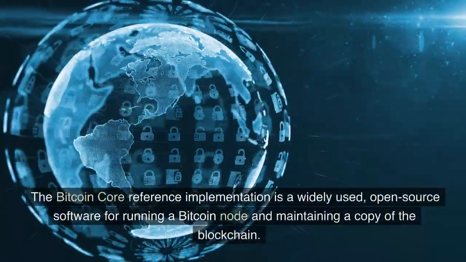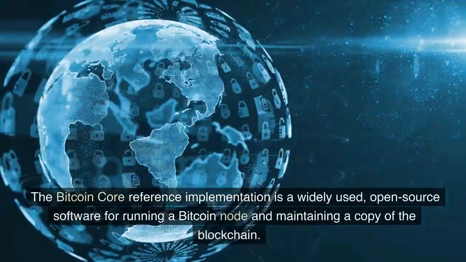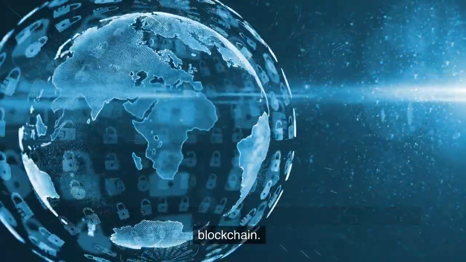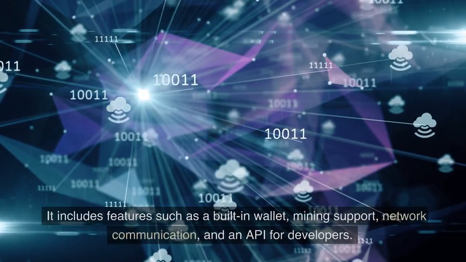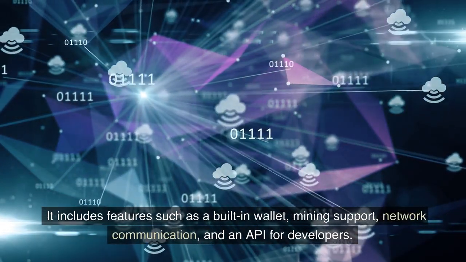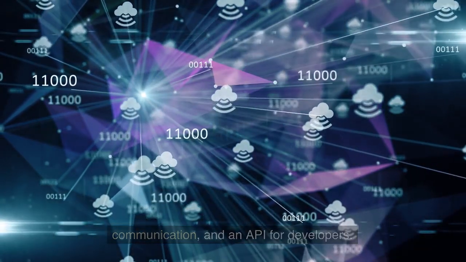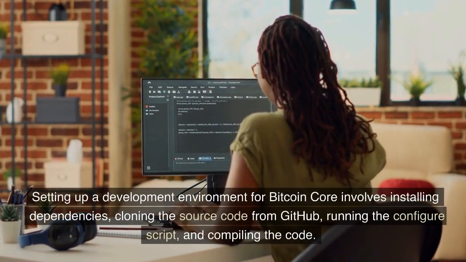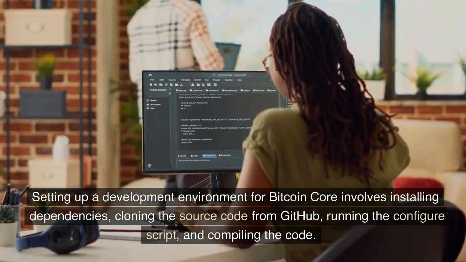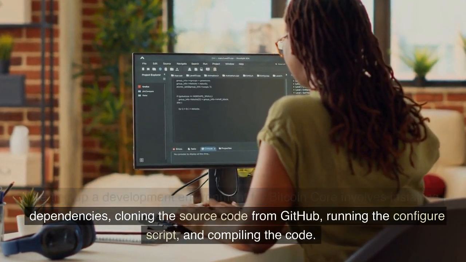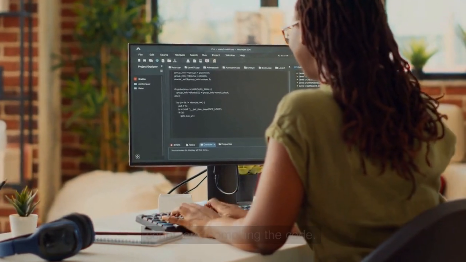The Bitcoin Core reference implementation is a widely used, open source software for running a Bitcoin node and maintaining a copy of the blockchain. It includes features such as a built-in wallet, mining support, network communication, and an API for developers. Setting up a development environment for Bitcoin Core involves installing dependencies, cloning the source code from GitHub, running the configure script, and compiling the code.